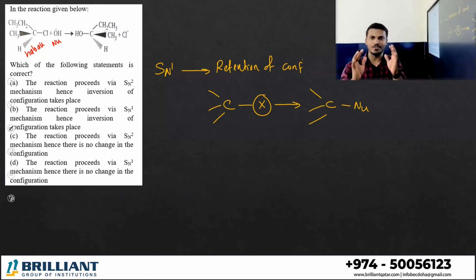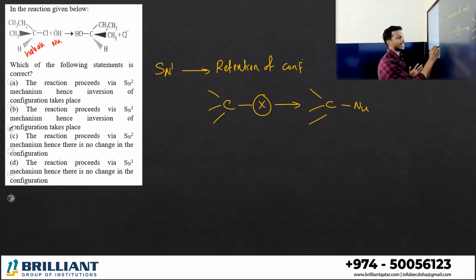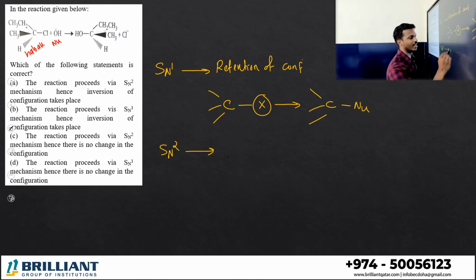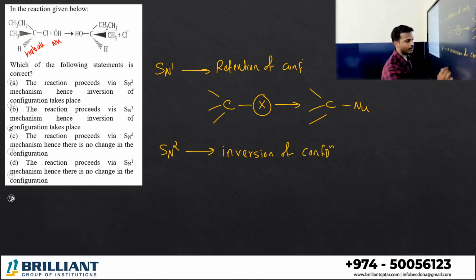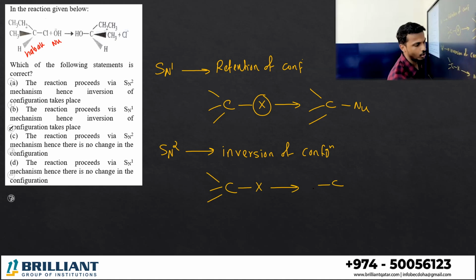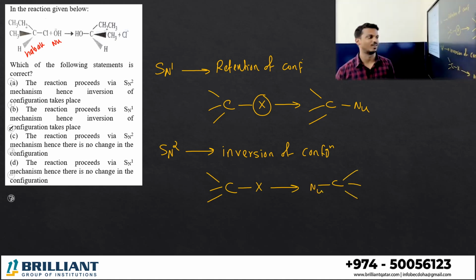Retention, the configuration will remain the same. But in SN2 mechanism you studied Walden inversion. There is an inversion of configuration. If the haloalkane is initially like this, finally when the nucleophile substitutes, it will be like this. Inversion of configuration. Walden inversion, that is the correct name.